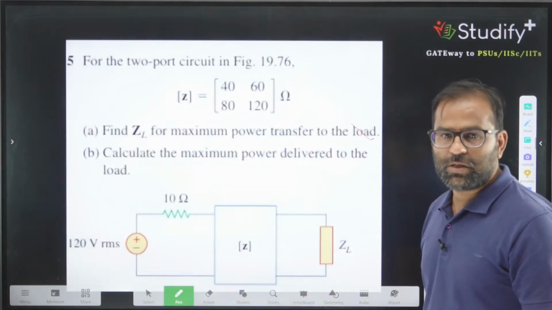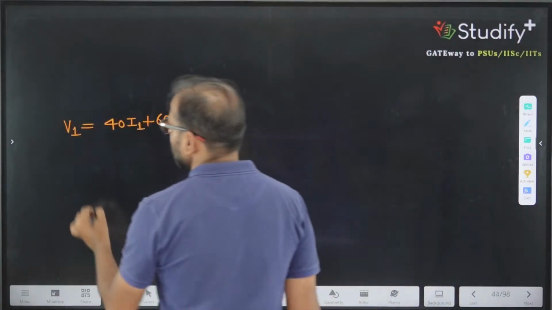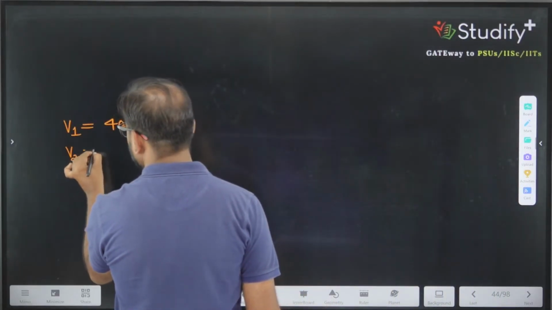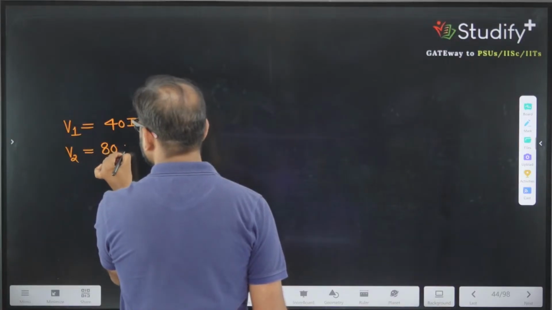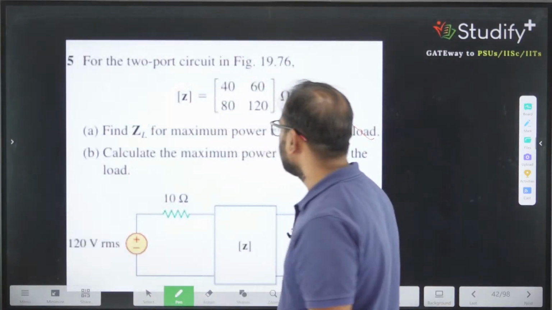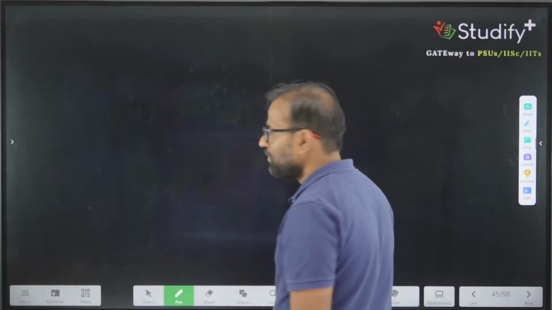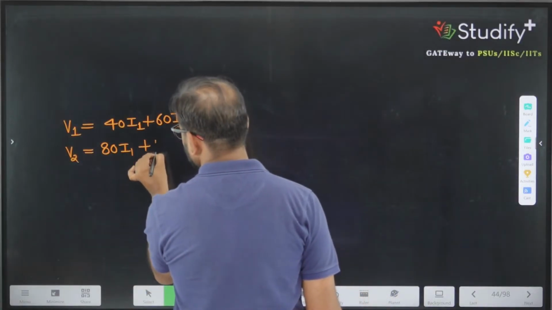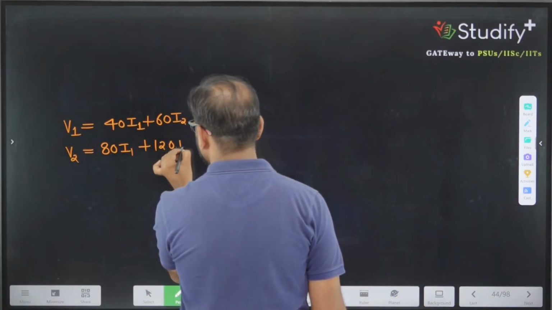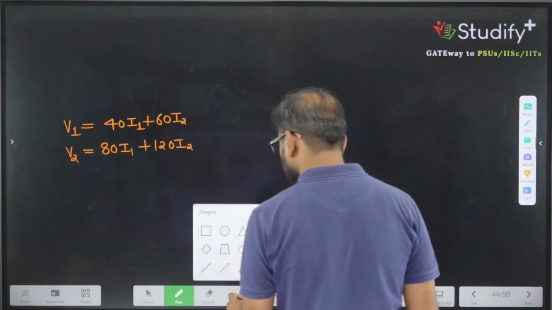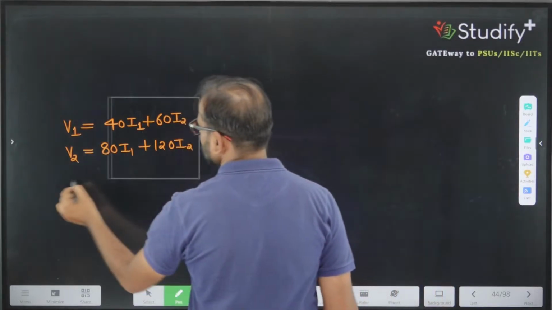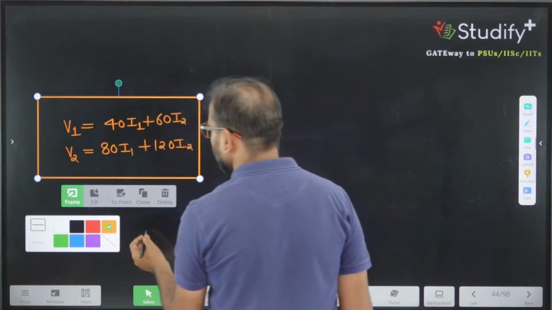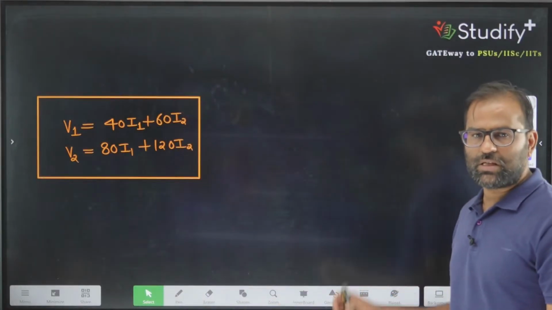Equation number 2 is V2 equal to 80I1 plus 120I2. These two equations are given.